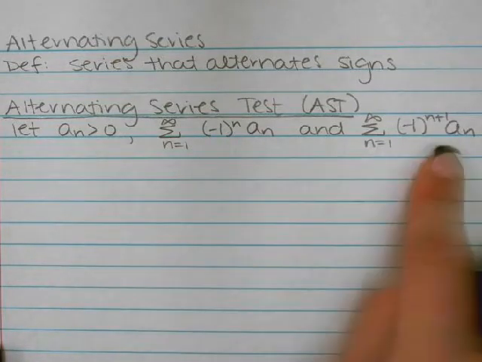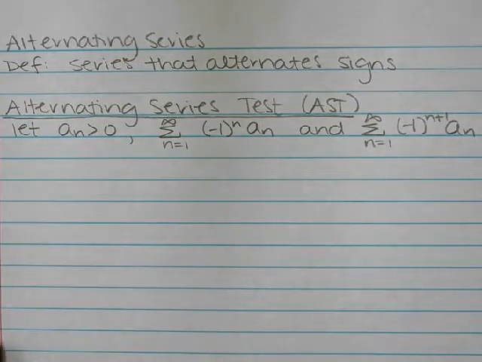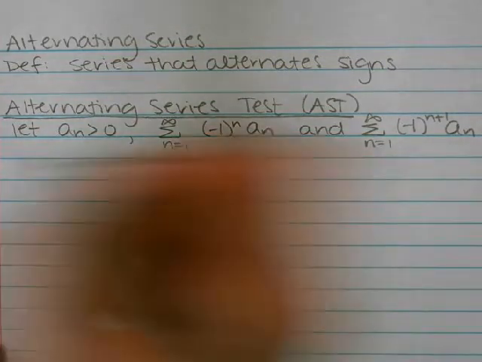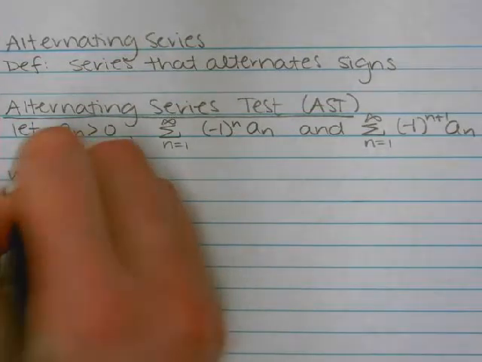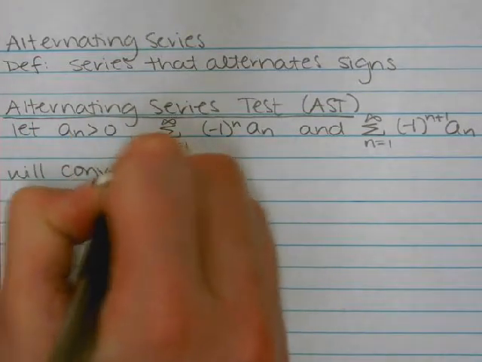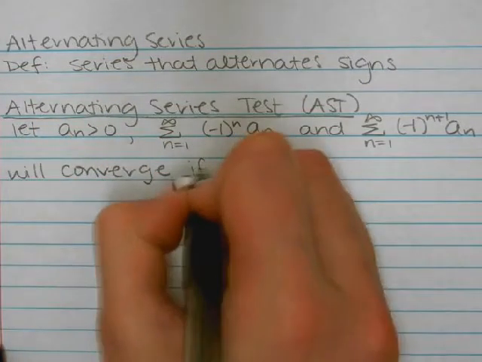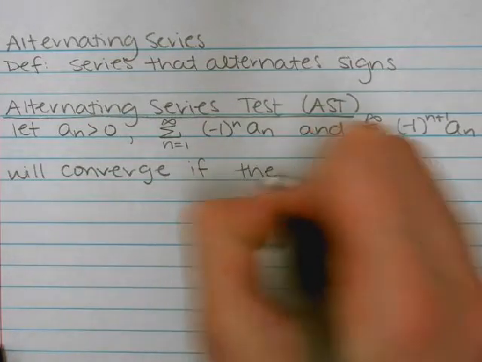So they're saying no matter which way you have the signs alternate, then the series will converge if the following conditions are met.